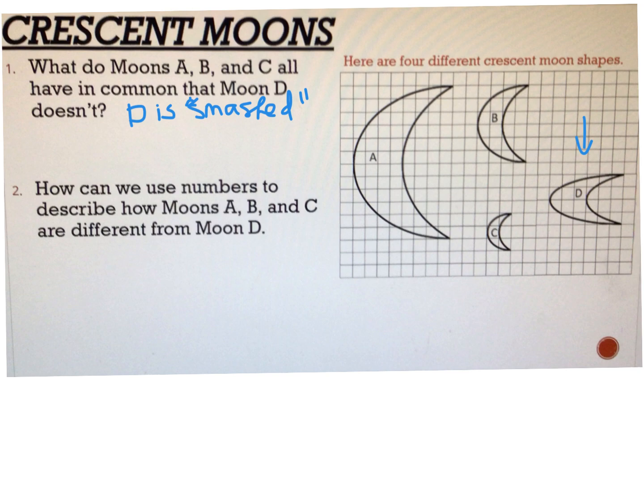Another way to think about it is it also looks like A and B and C are all taller than they are wide, and D is wider than it is tall.